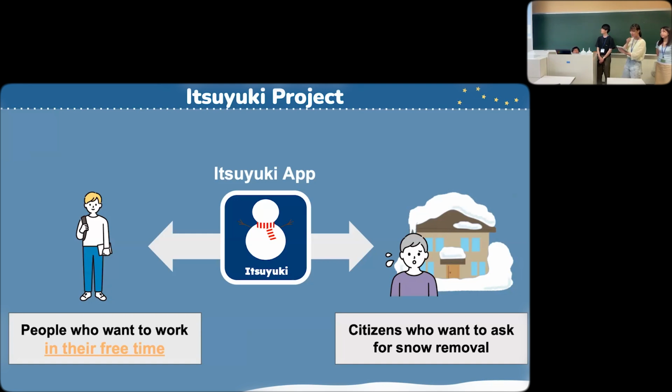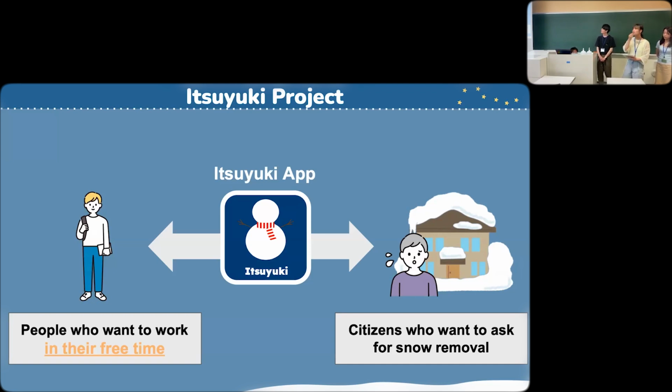To make it even easier to use, we would like to create a service where citizens can request snow removal from the weather forecast application as well. The advantage of this service is that it allows people to work when they want and for as long as they want, making snow removal easier as a part-time job.